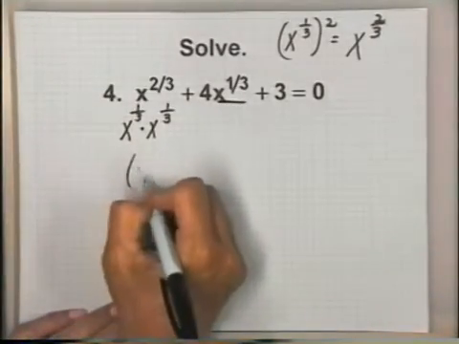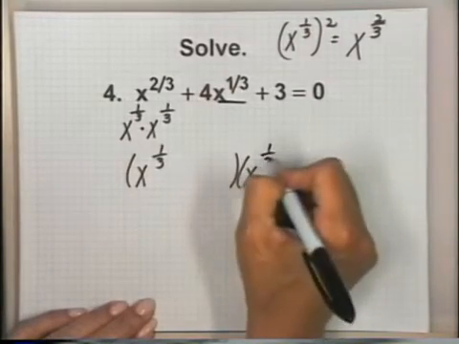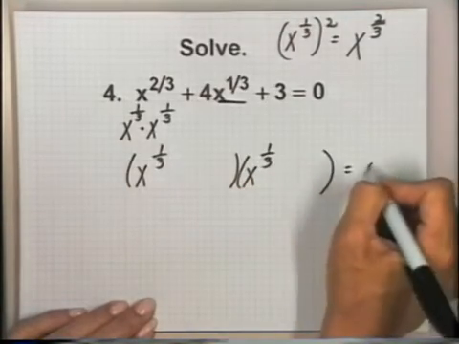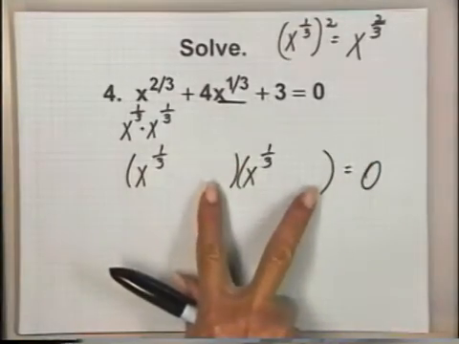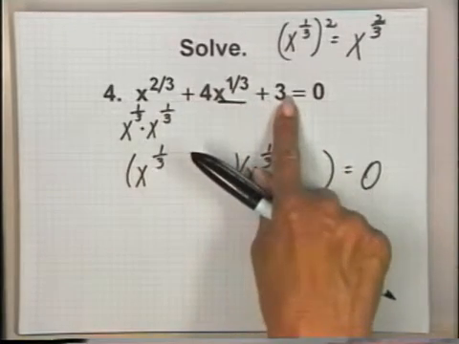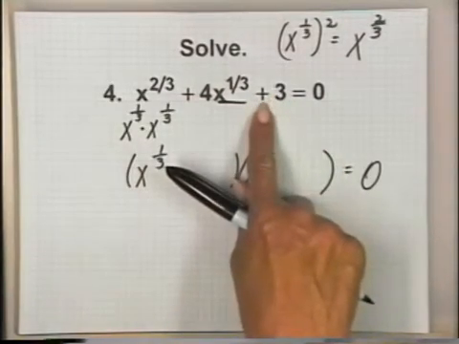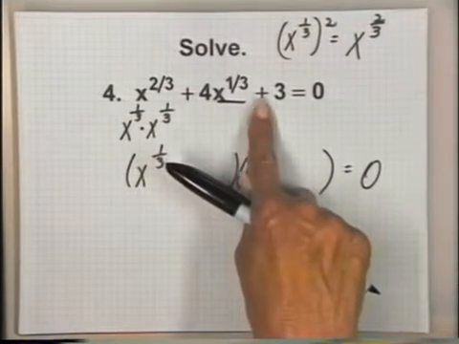So I may begin by saying x to the 1/3 times x to the 1/3, and now to get the second terms in my factors, I will go to the positive 3. Since it's positive, I know that my factors will have the same sign.